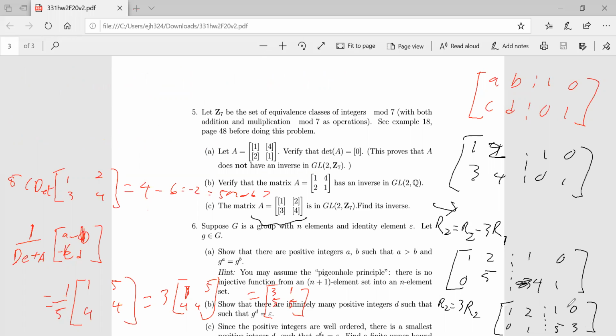So this guy right here, that's 1. So I do R1 is equal to R1 minus 2R2, right? So that would give me 1, 0, 0, 1, and then I would get 1.